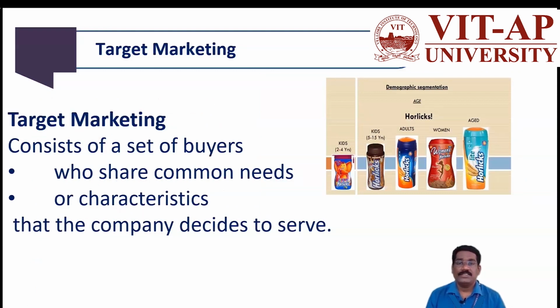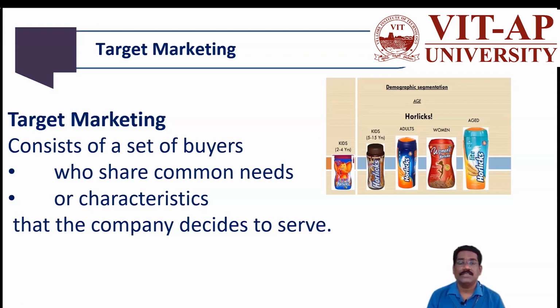Let us also understand another element of STP, that is target marketing. So what is actually target marketing? We all know that a segment consists of a set of buyers with similar needs who share common needs or characteristics, so the company decides to serve that particular segment.